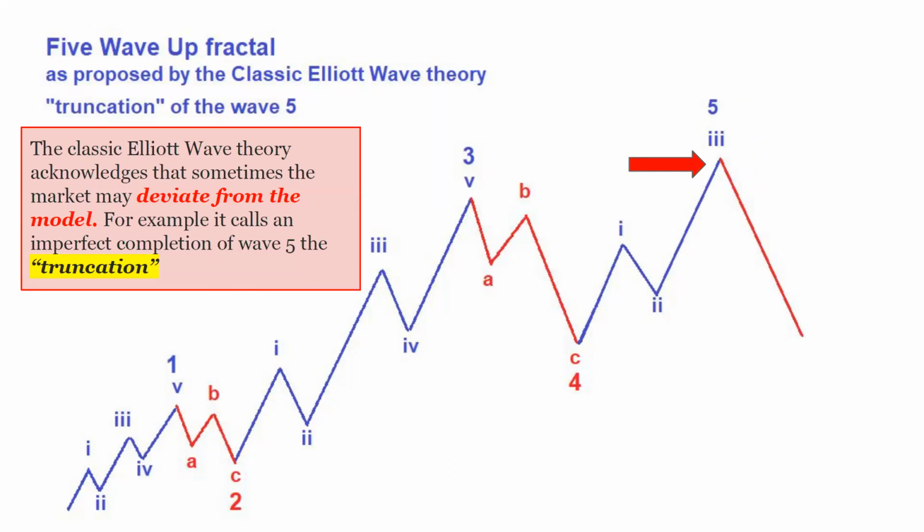We saw that sometimes, for example, wave 5 would terminate without making the microwave 5. After making a microwave 3, it will turn down and collapse. So we came up with a fancy word, truncation, to explain that imperfect completion.